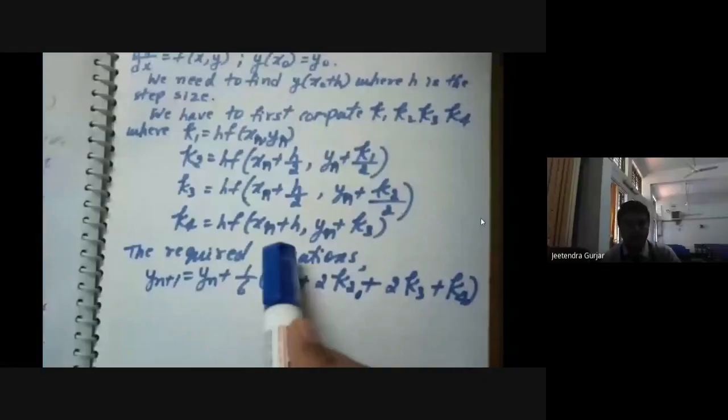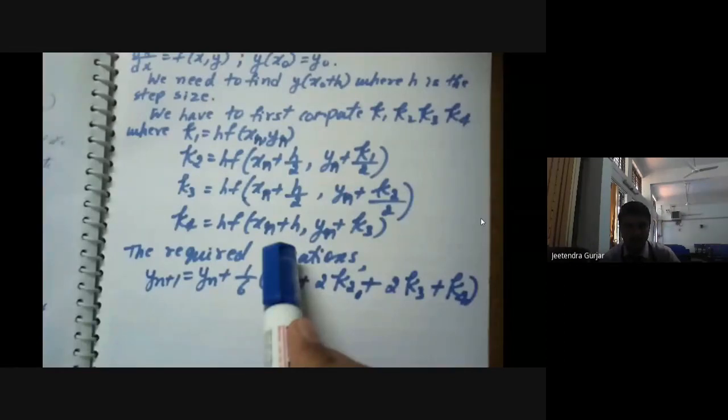Okay, we'll continue. k2 is equal to h f of xn plus h upon 2, comma yn plus k1 upon 2. And k3 is equal to h f of xn plus h upon 2, comma yn plus k2 upon 2. And k4 is equal to h f of xn plus h. Here we don't have h upon 2. Remember this, very important.